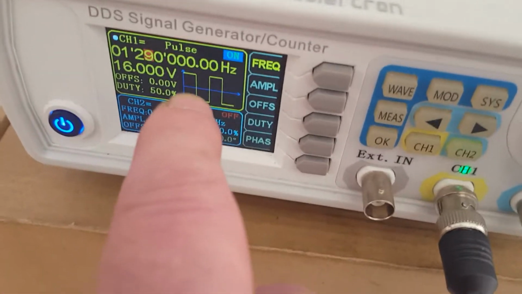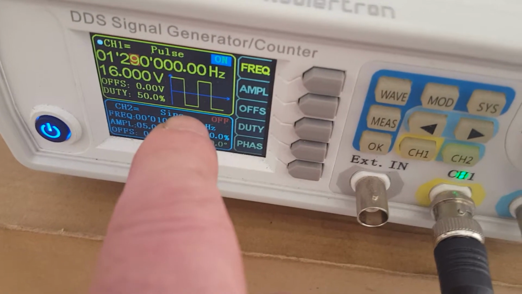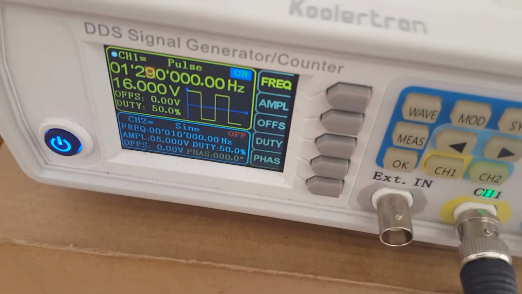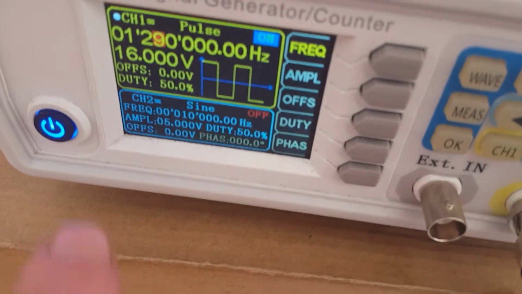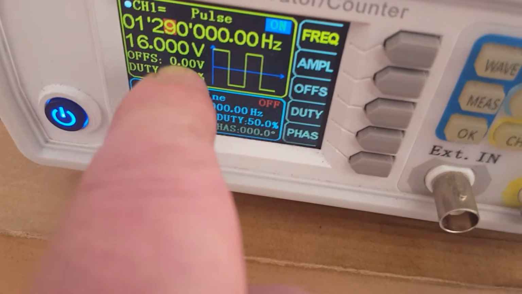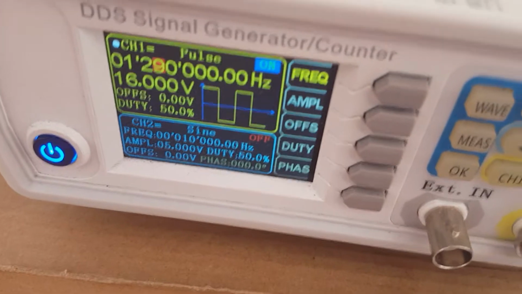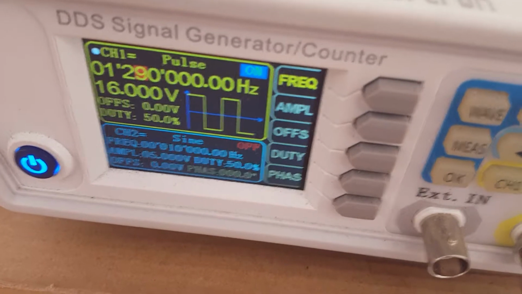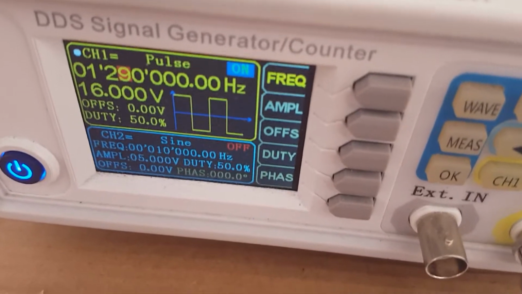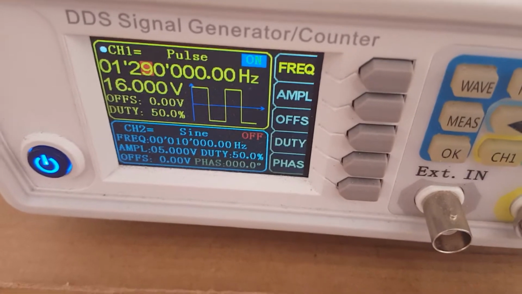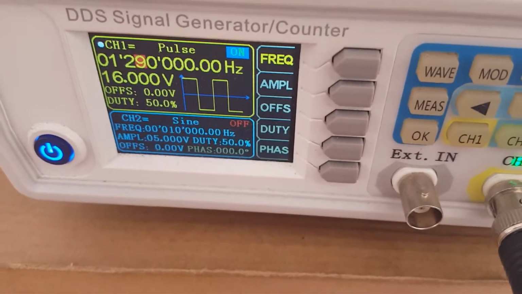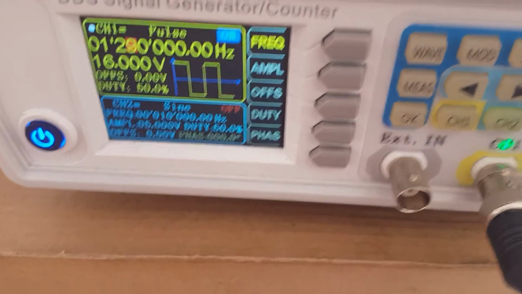Now, power is a direct result of voltage times current. So if you take 16 volts times 0.100 amps, 100 milliamps, that would be 1.6 watts. Now, I believe absolutely we're not even putting out that much at all.